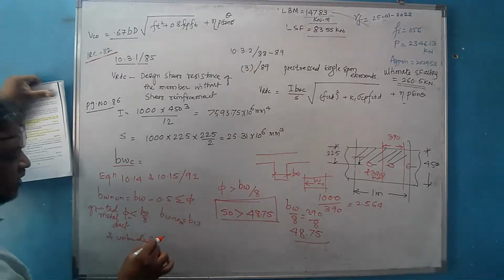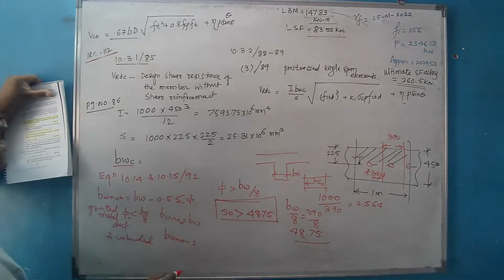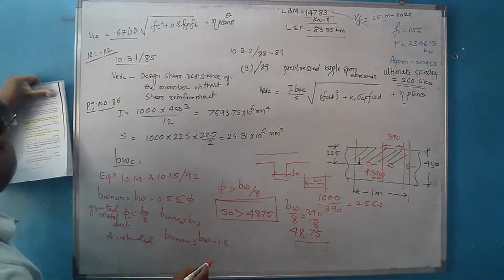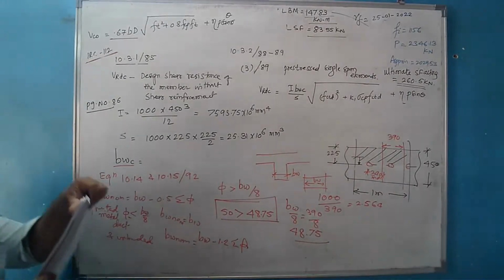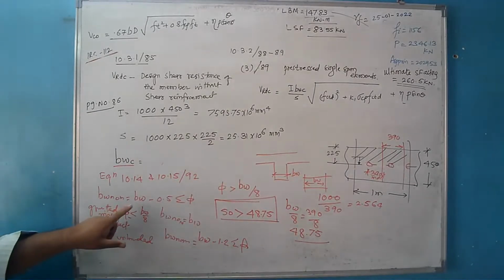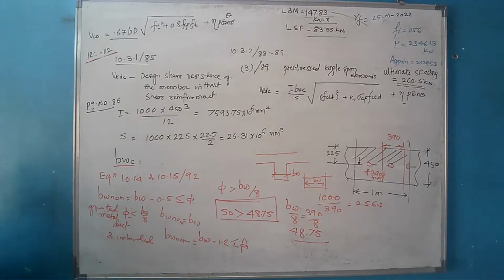यहां पर दूसरी इक्वेशन दिया है BW nominal is equal to BW minus 1.2 sigma phi. There are two conditions. पहला ये है when phi is greater than this. फिर दूसरा क्या दिया है? When phi is less than BW divided by 8, BW nominal is equal to this.